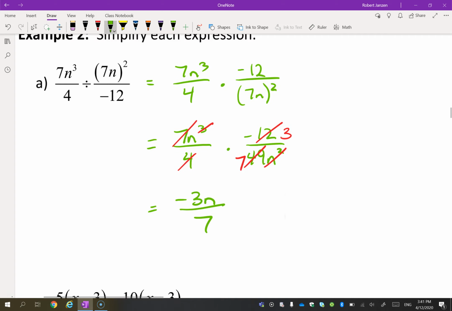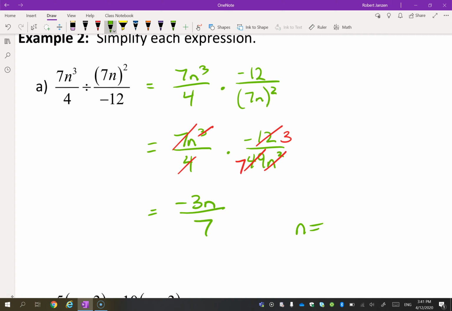Now, what can n not be? Well, you're going to look at the original question. Is there any problem here? No, there's no variable, so there's no non-permissible value, except we are dividing by all of this. So none of this can equal 0.